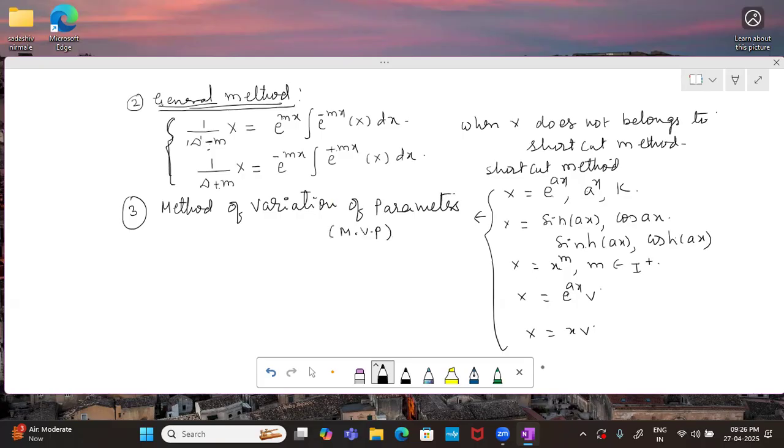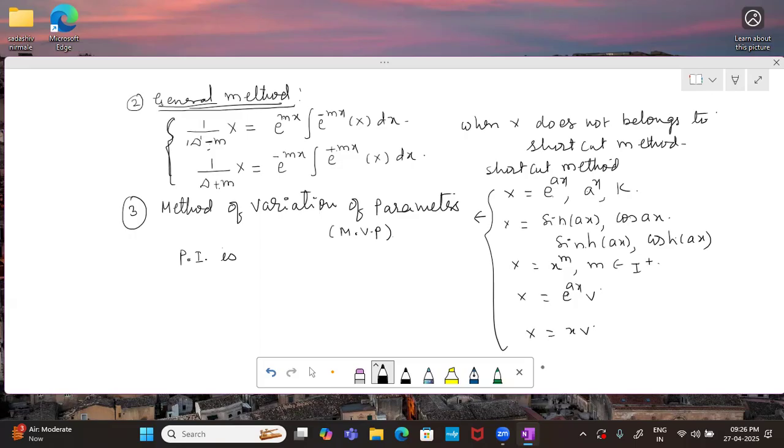In this method, PI is obtained. And remember, only if it is mentioned in the exam or given in the problem, apply this method. That means if it says solve the differential equation using the method of variation of parameters, then only follow this third method.